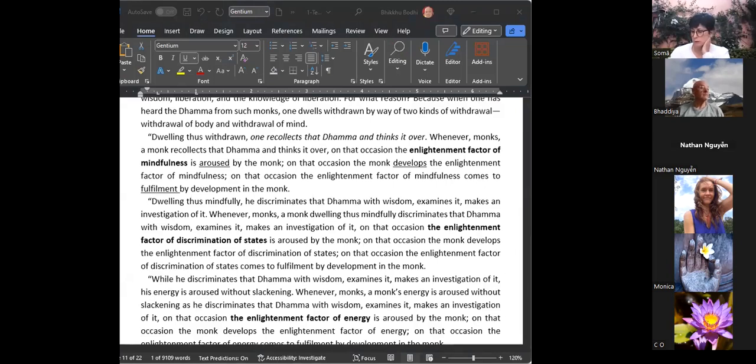One makes a deliberate effort to bring that enlightenment factor into existence. Then the second stage, you develop the enlightenment factor. And so here you just continue with the practice, making that enlightenment factor stronger, more powerful, and more stable.